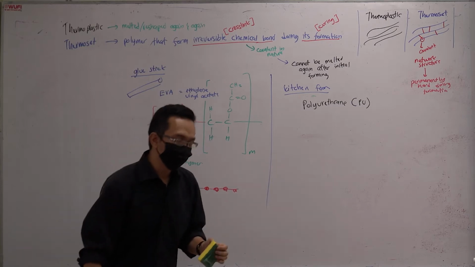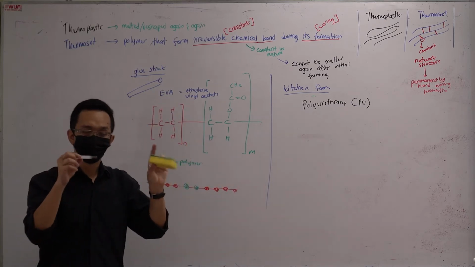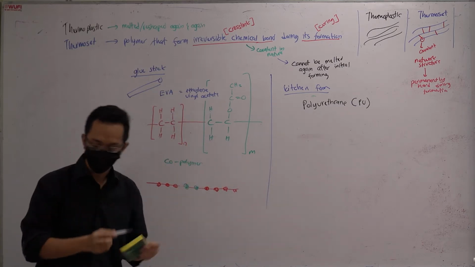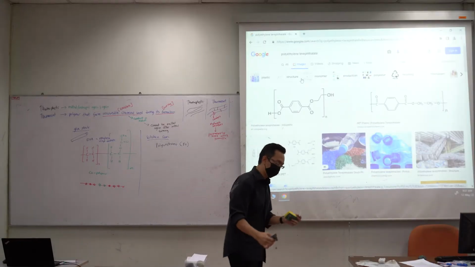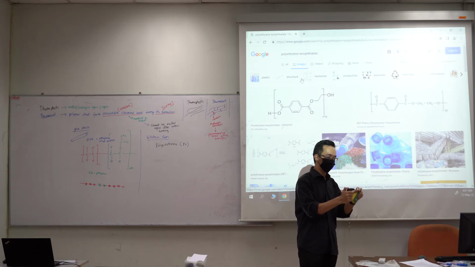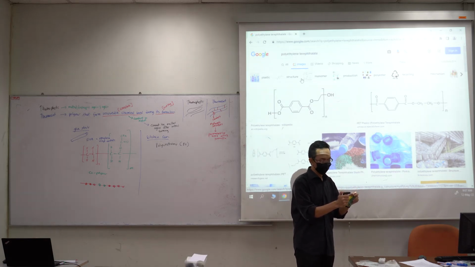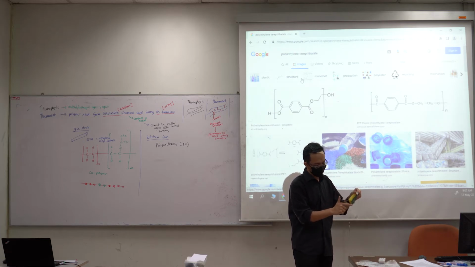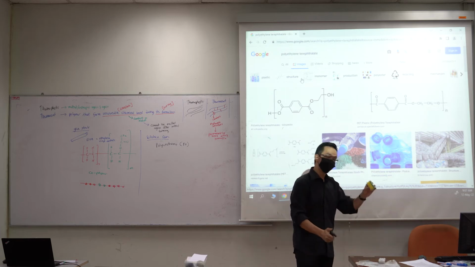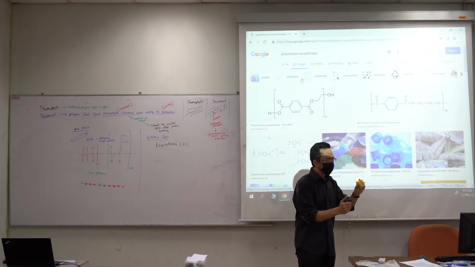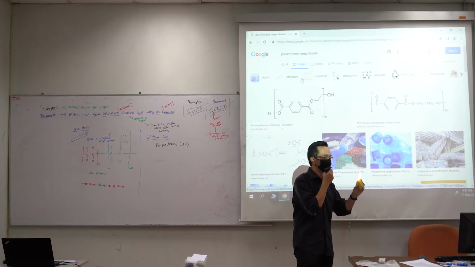If you try to burn these two things side by side, you will see that this thing will melt. As you can see before, if I burn this thing, it just melts, but it takes a little bit of time. And if I burn this thing, oh, I don't have this.